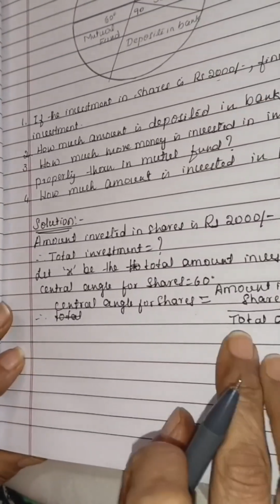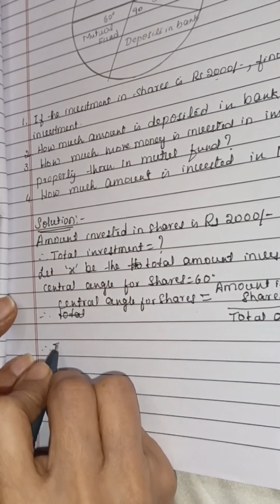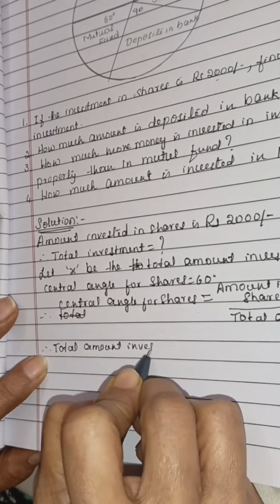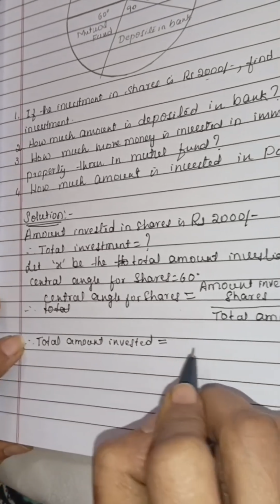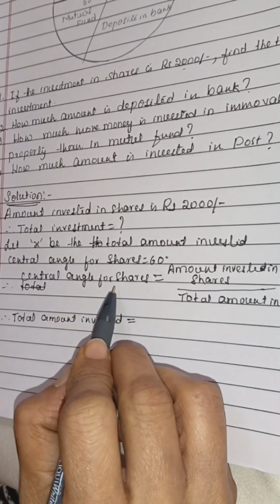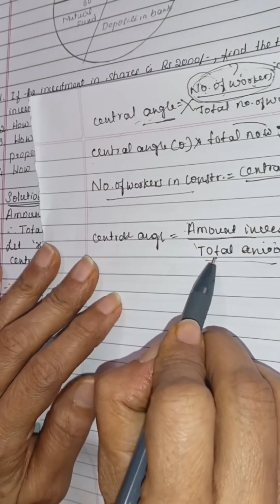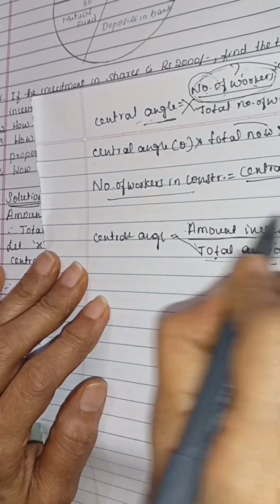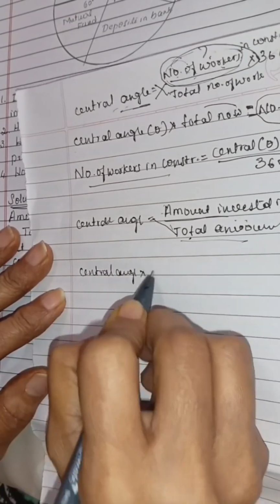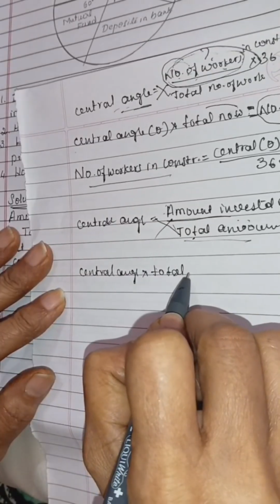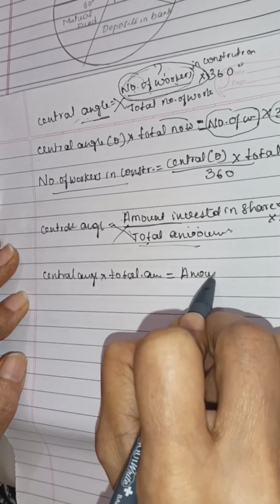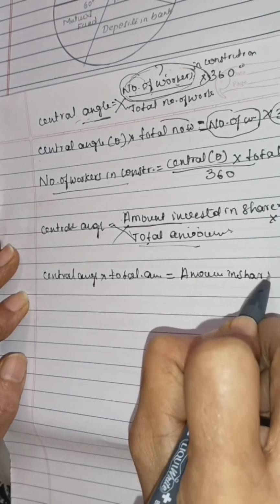Therefore, for the total amount invested, see, cross multiplication. Central angle multiplied by total amount equals amount invested in shares multiplied by 360.